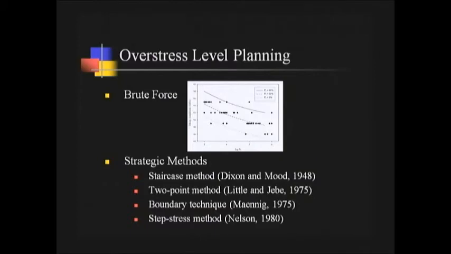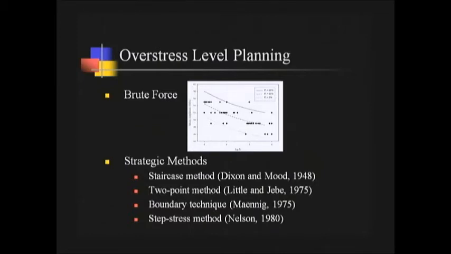We have different methods. We used to use this brute force method to find the Wöhler curve, or the lifetime on the x-axis versus the chewing load or stress amplitude on the y-axis, that type of lifetime prediction.